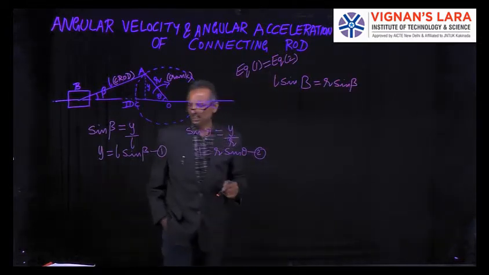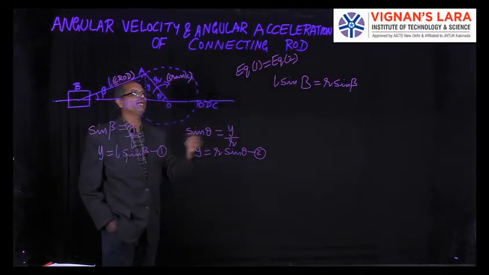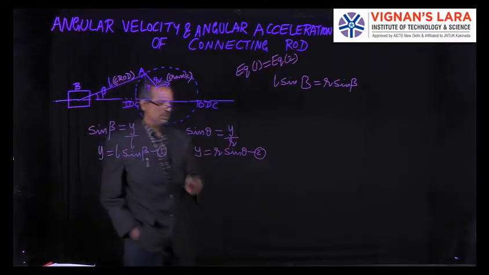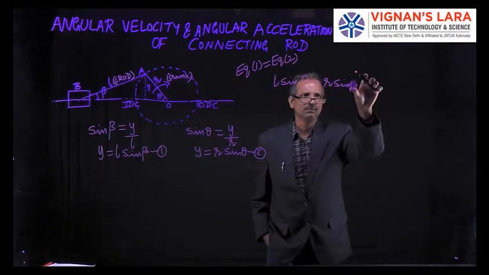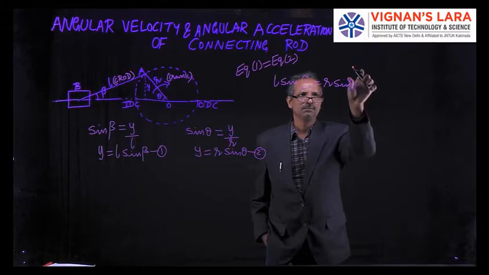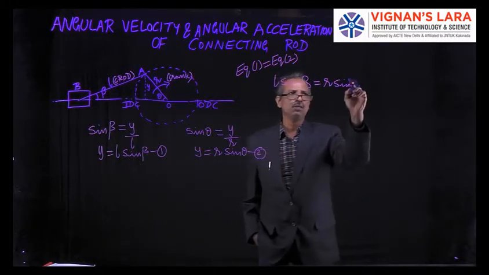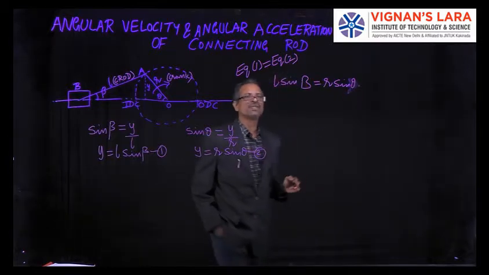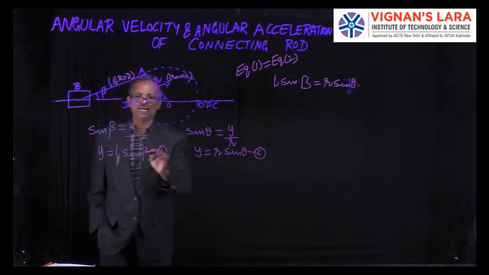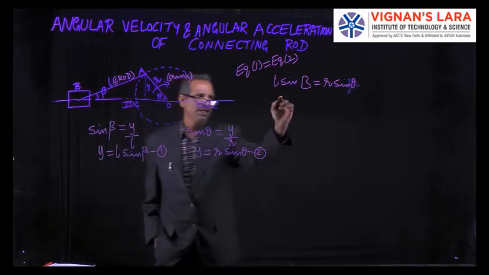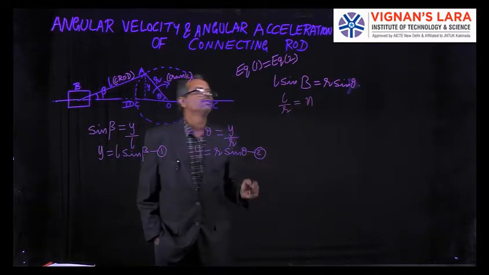L sin beta is equal to R sin theta. So we have defined already one term, L by R. What we defined L by R is N.